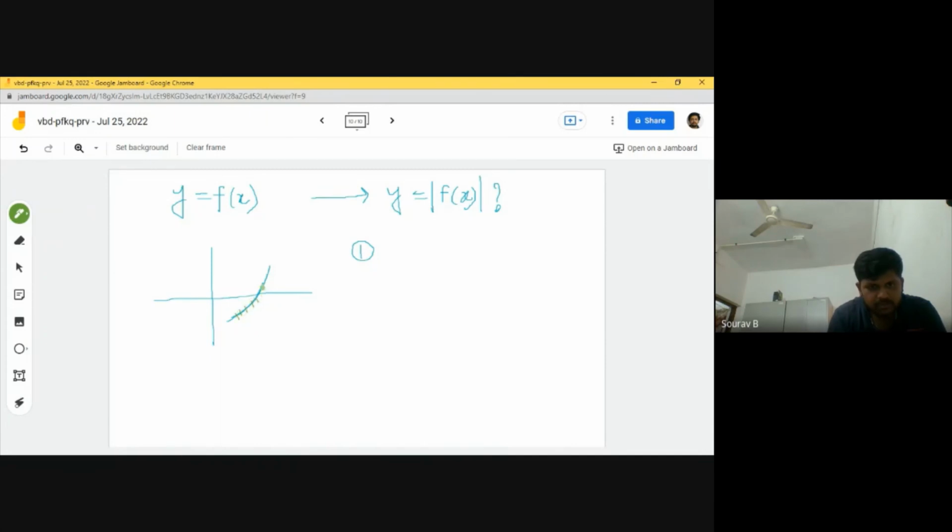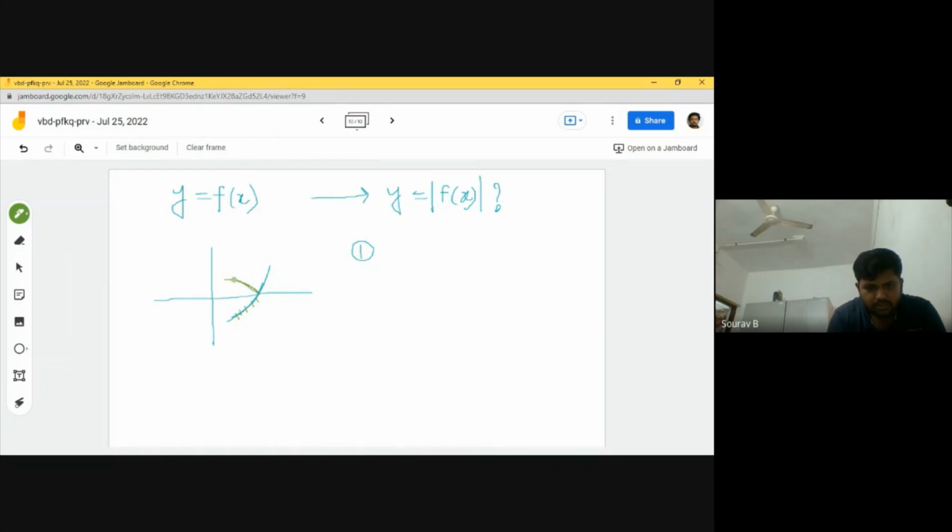This portion I will keep because here f(x) is positive, but here y is not positive. So I will cut this portion and take an image of this portion with respect to this x-axis. So how will it be? The image will be like this.